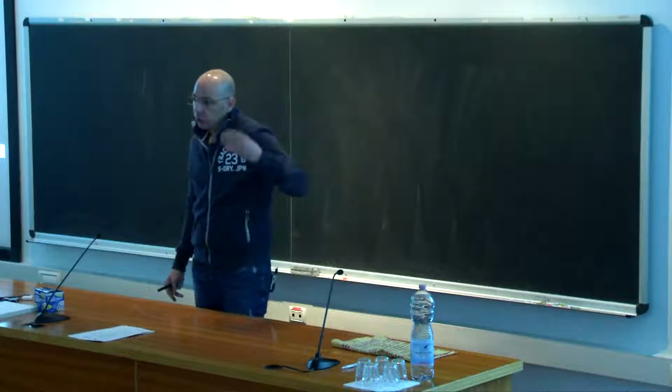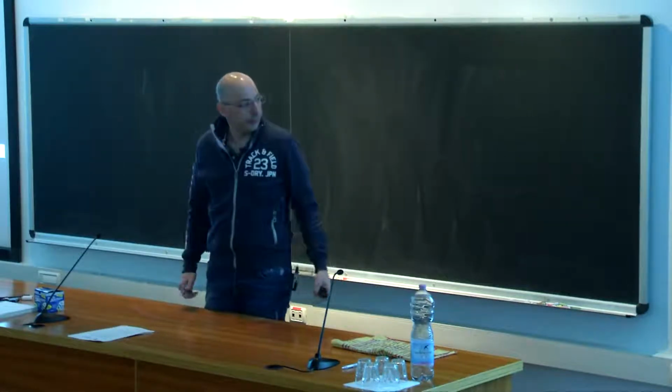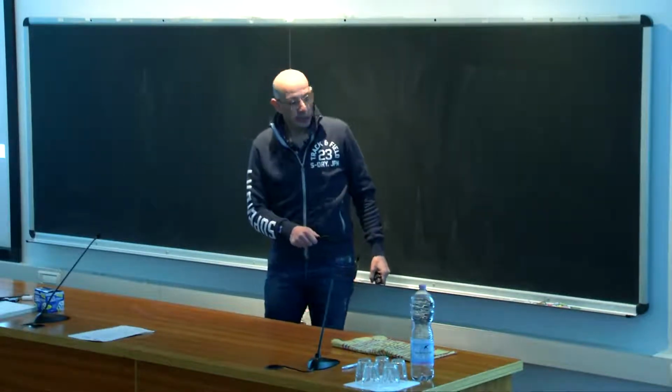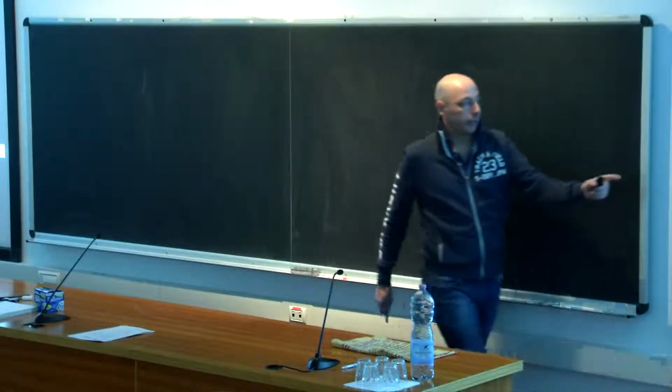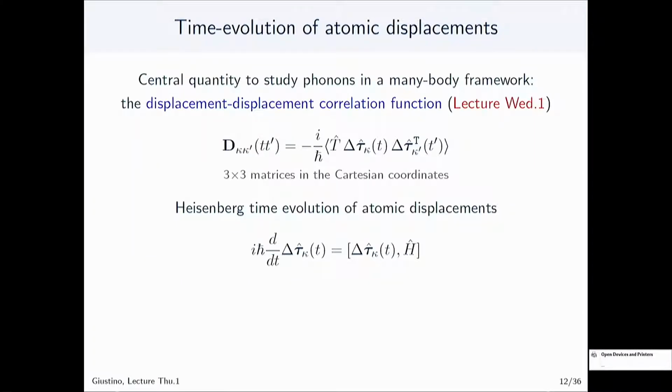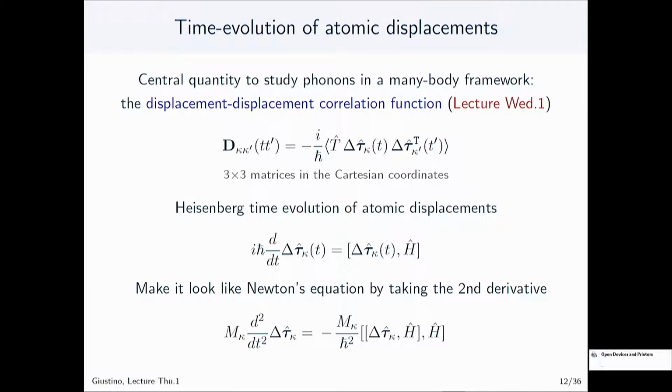But I can go towards a Newton's-like equation by just taking the derivative of this object. If I take the derivative of that, here I end up with a second derivative. This is time independent, so I have a derivative of this object, but the derivative of this object is given by this equation already. So I'm going to end up with a second derivative equal to a commutator where there is another commutator inside. It's just 2 seconds to do the maths.